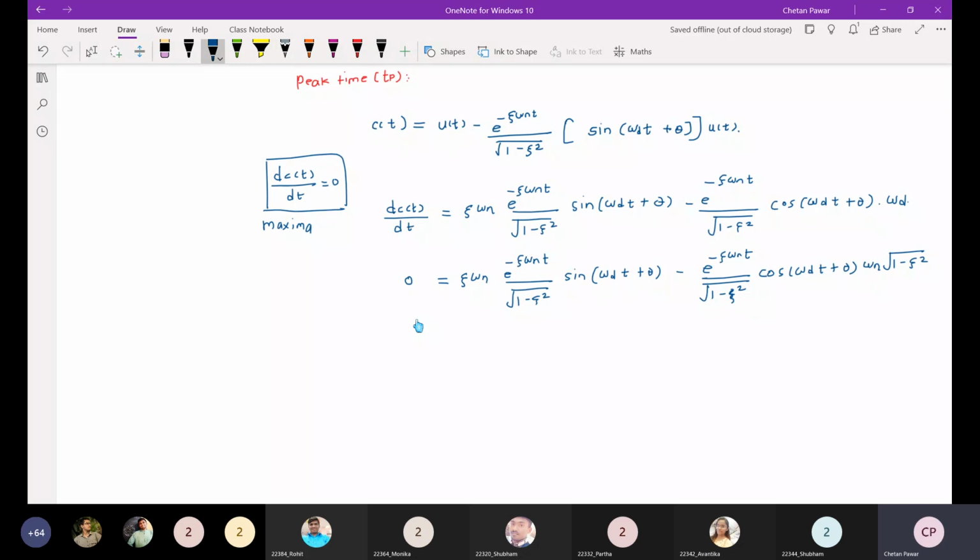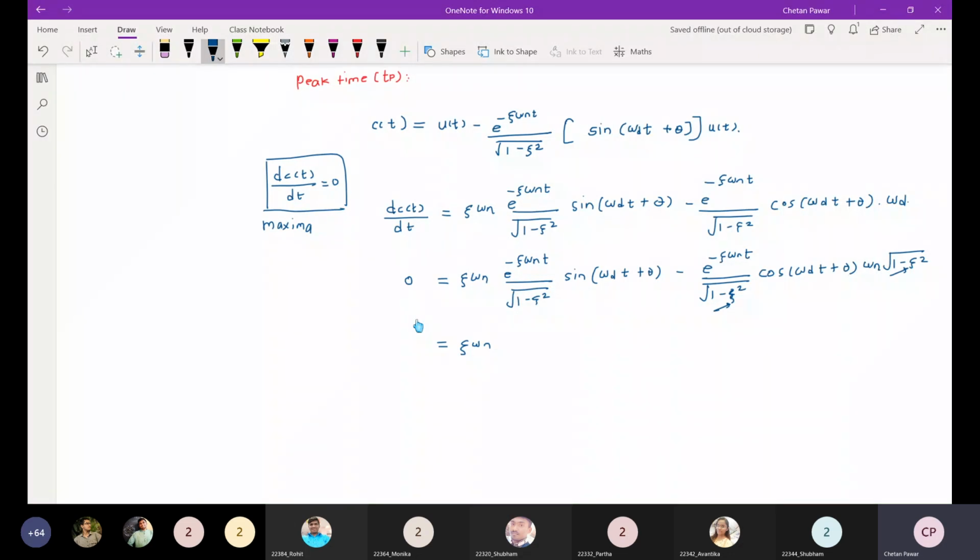So if I just simplify it, this term will get cancelled with this, and if I take this outside and put it on this side, that will be zeta omega n. So you just compare these two terms, so all the parameters will get cancelled. So zeta omega n.